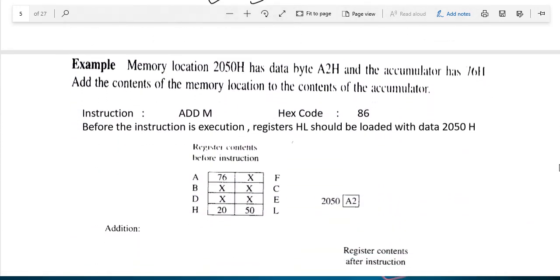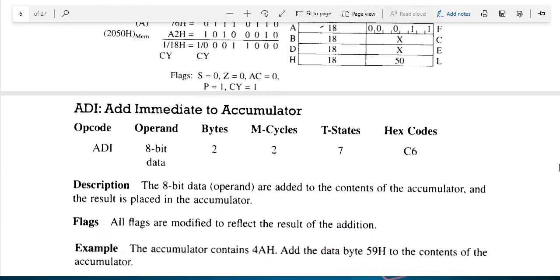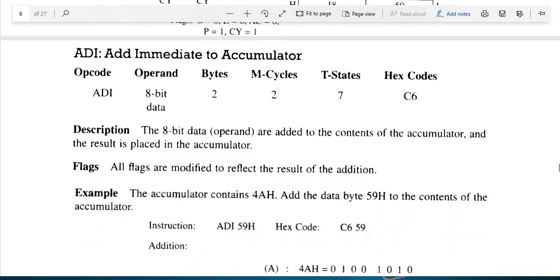Now, we already discussed ADD M, and there is ADI. ADI means add accumulator with immediate data. For example, if it is written ADI 02, it means A plus 02 and the result goes to the accumulator.